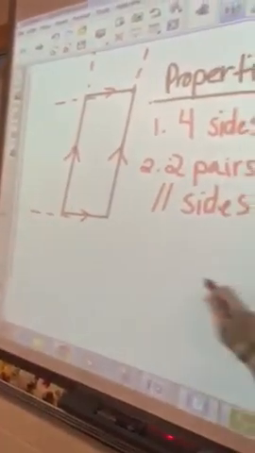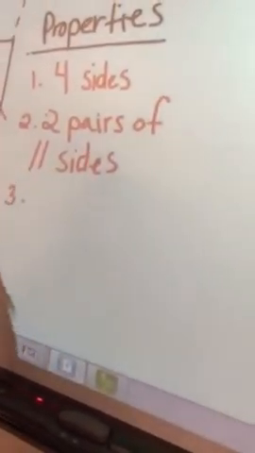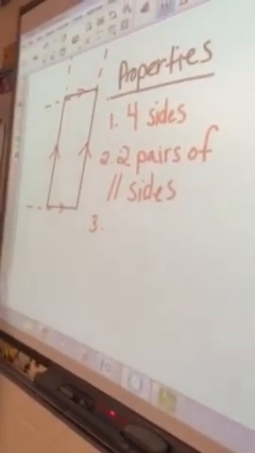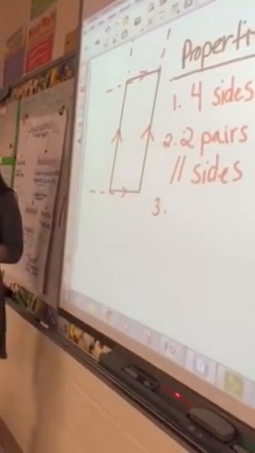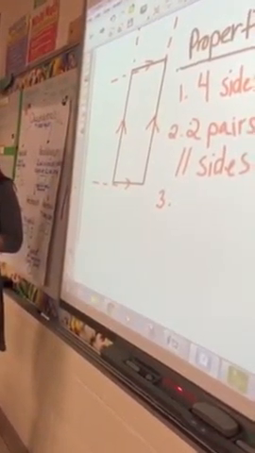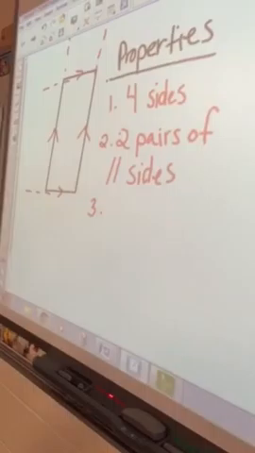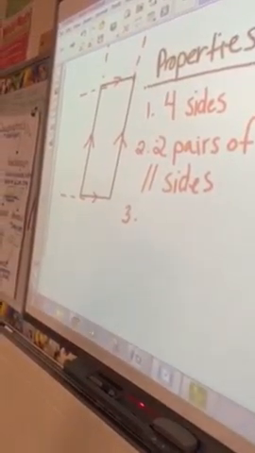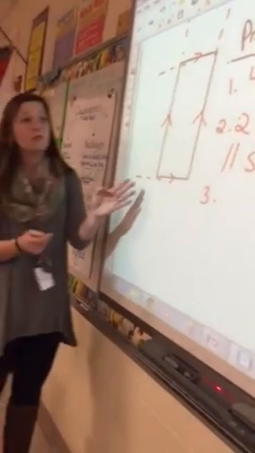Okay. Now I want to think about the size of the sides. What do you know about the size of the sides, Jose? They're what? Do you see some that are equal? Yes. Do you see some that aren't equal? Yeah.